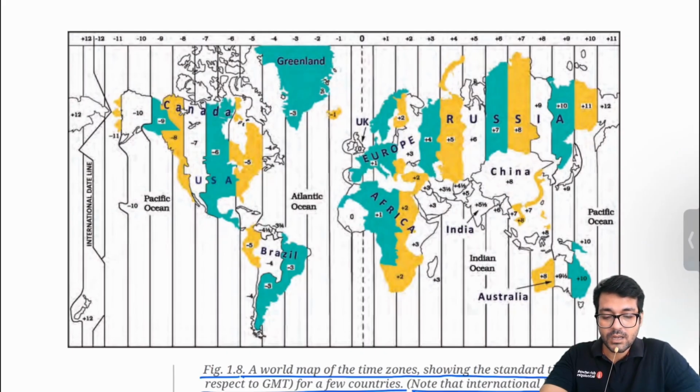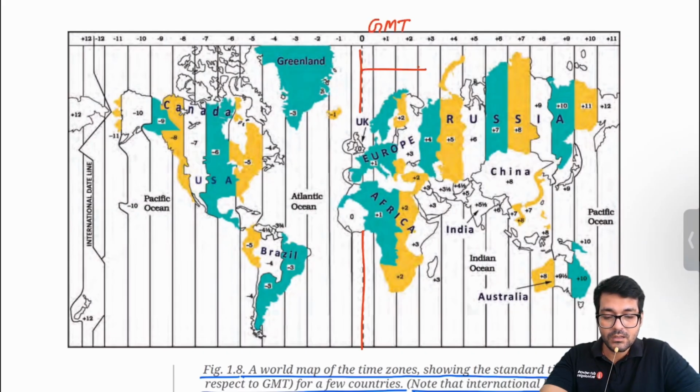Time zones tend to align themselves along national and international borders to avoid confusion created by different local times. You can see the prime meridian here, also known as the Greenwich meridian, whose local time is known as Greenwich Mean Time.